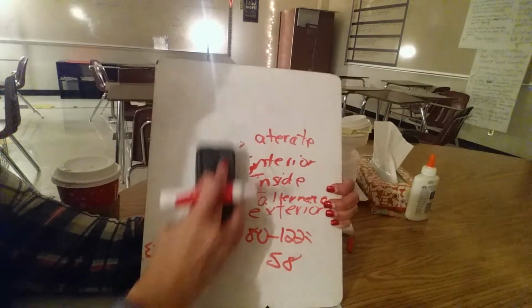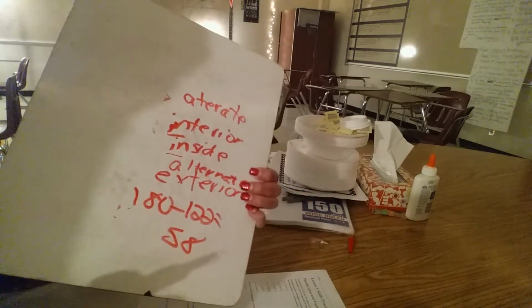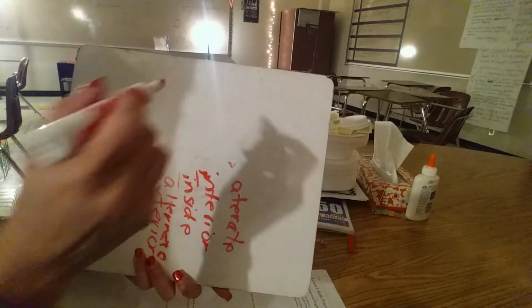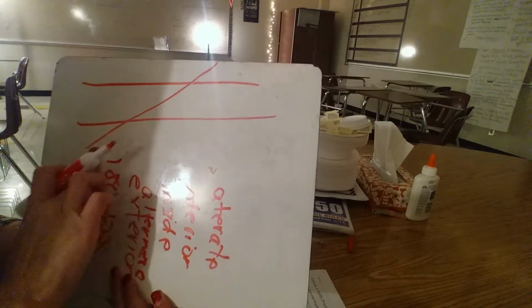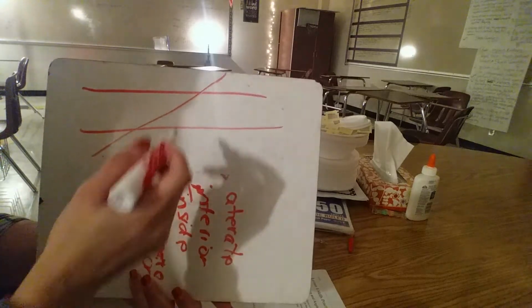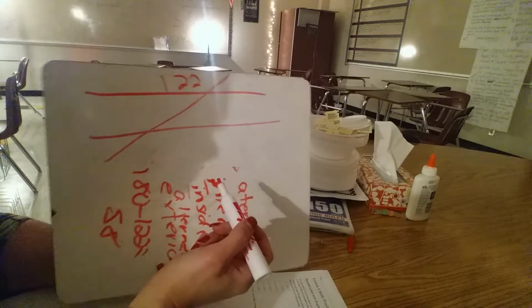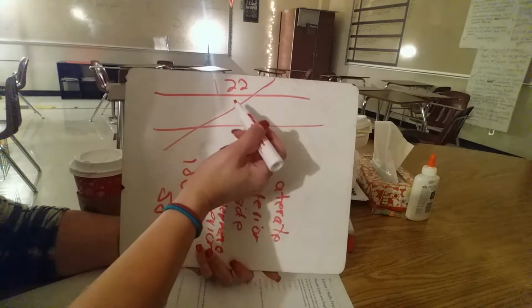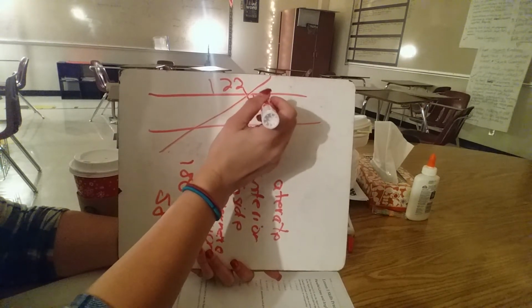I'm going to do it like the one down here. Let me see. So that one is going to go like this, and I'm not sure what the angles are called. But let's say this was 122. Then I'm going to show you without the numbers on the angles. Right across from this is 122.